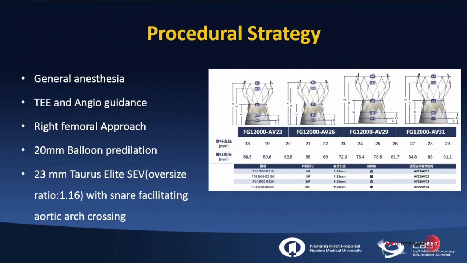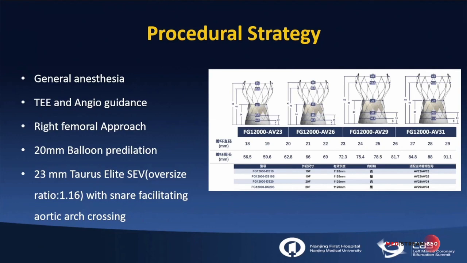So finally, our procedure strategy, according to the CT analysis. We decided to treat this patient with a TAVI procedure. We will use general anesthesia with TEE guidance, considering it's a typical BAV case. With the TEE guidance, we are precise in implanting the valve depth. We will go from the right femoral approach.